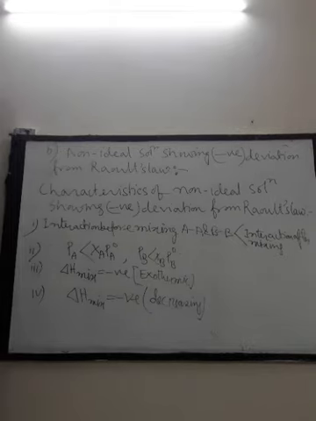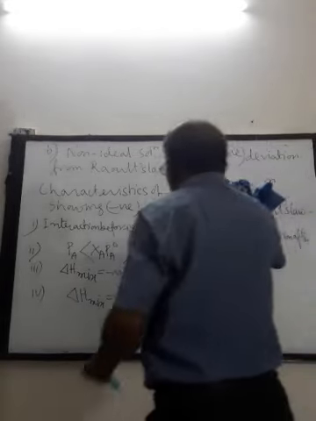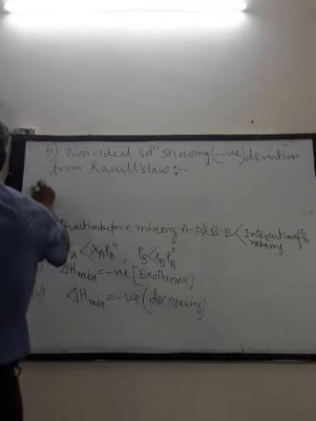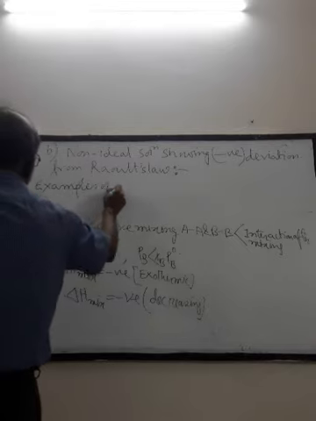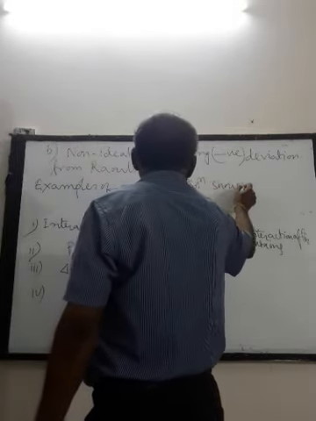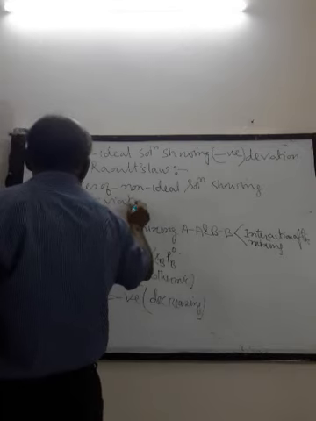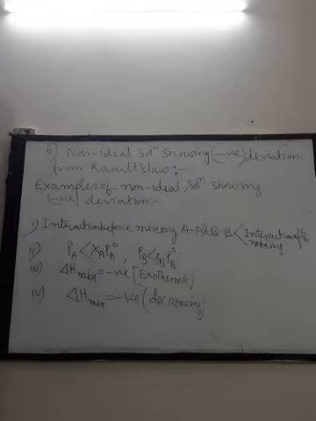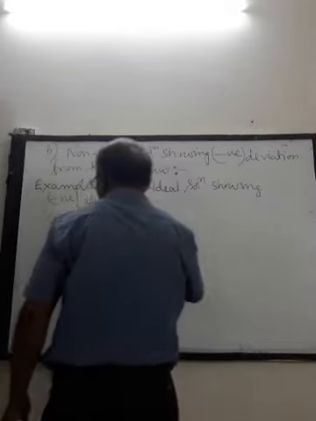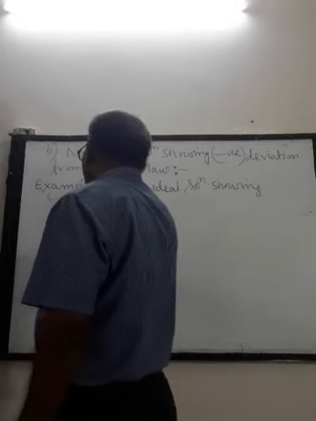So next we consider examples of non-ideal solution showing negative deviation. First example, acetone and chloroform.